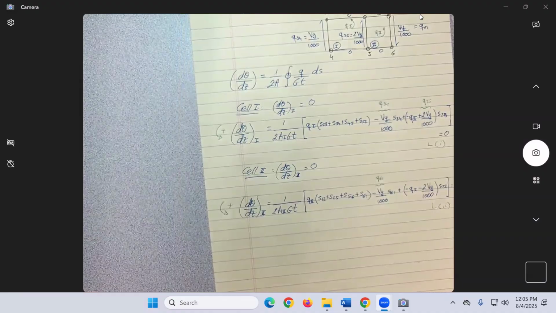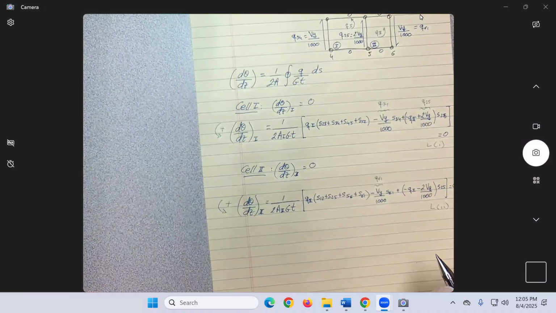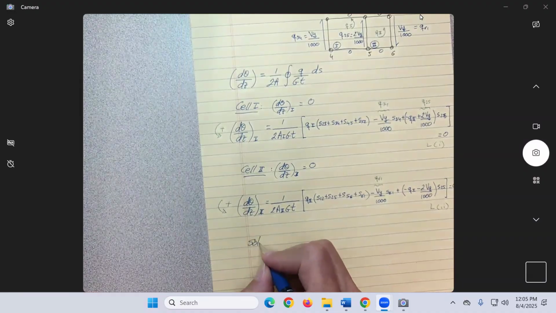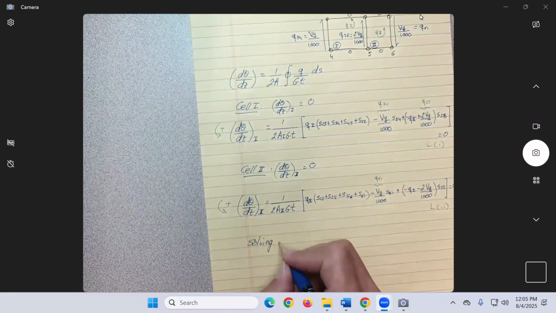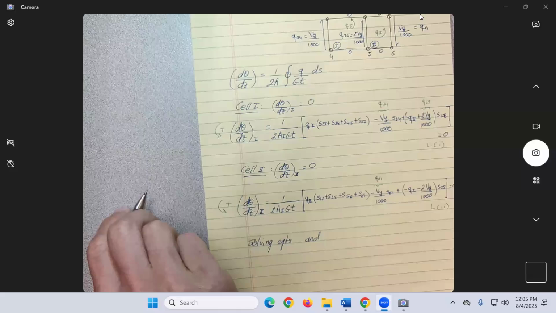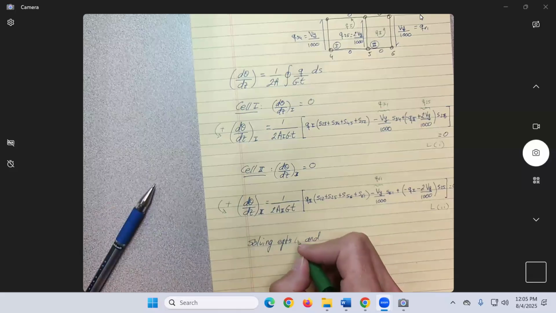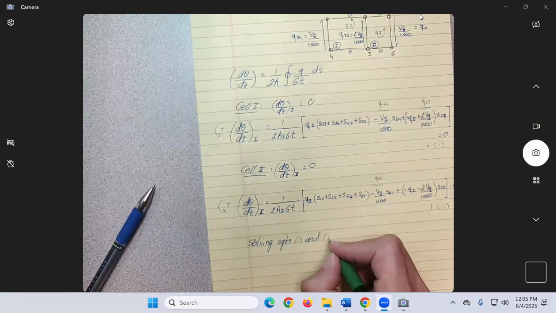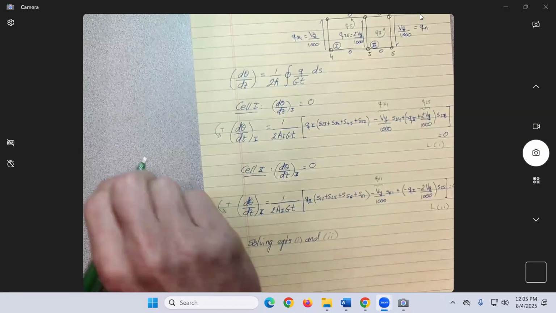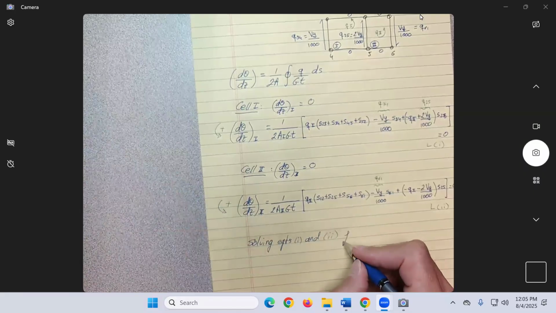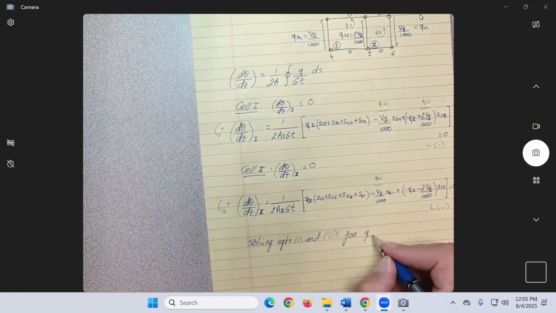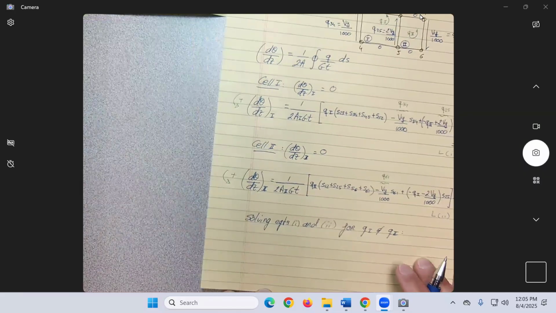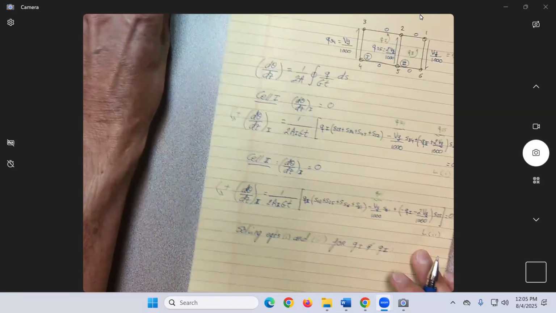And now what can we do? Solving equations Roman 1 and Roman 2 for Q sub 1 and Q sub 2.